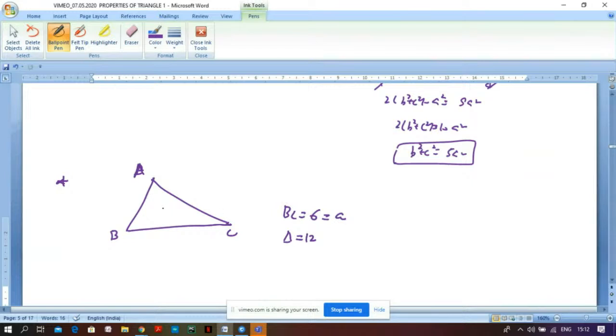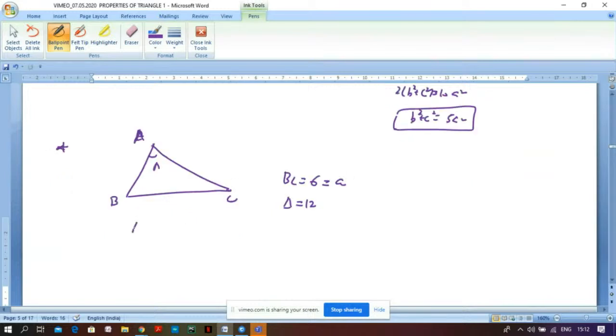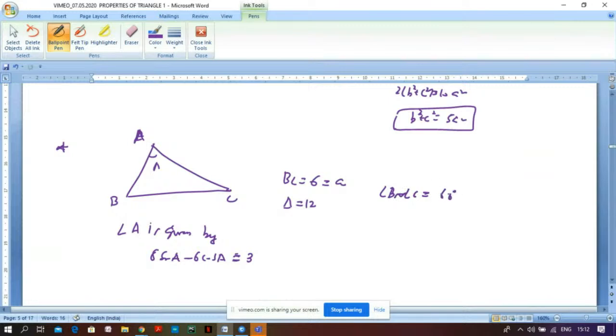And there is a relation involving angle A. So angle A is given by 8 sine A minus 6 cos A equal to 3. One more thing is given, that's B minus C, the difference of base angles, angle B minus angle C, that is given to be 60 degrees.